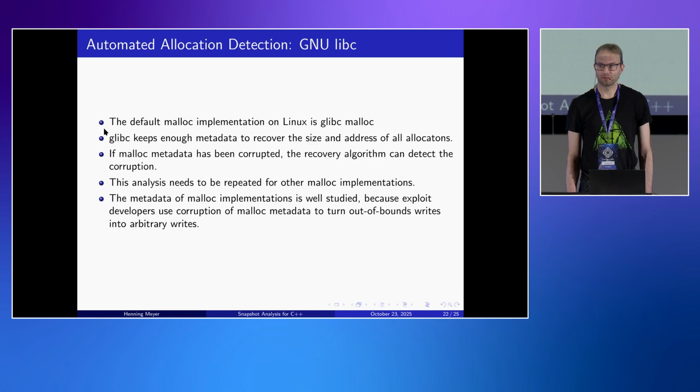And so if you don't use the default memory allocator, then you need to redo this analysis for like the gmalloc implementation or tcmalloc or others, but they all have the same design pressure because they need to recycle memory that is returned by free.